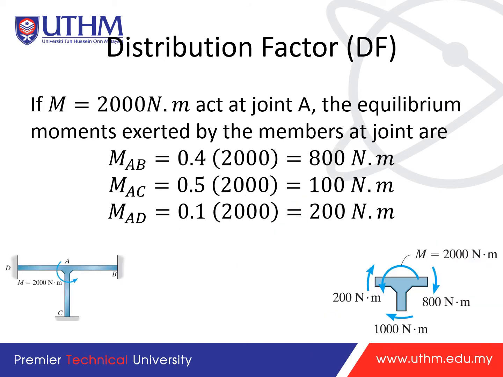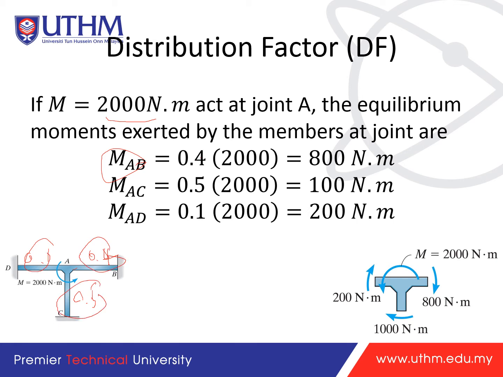For this example, if a moment of 2,000 Newton meter is applied at joint A, the equilibrium moments exerted by the members at the joint are distributed to these three members: this one takes 10%, this one takes 40%, and this one takes 50%.